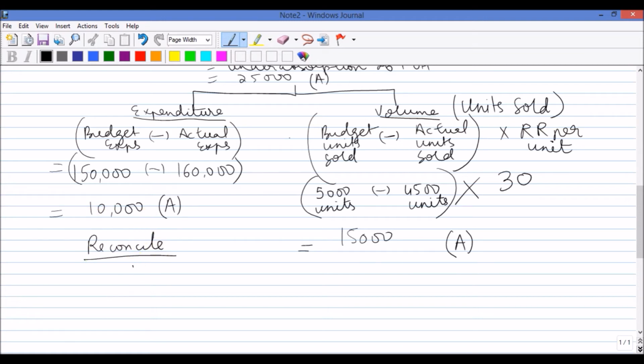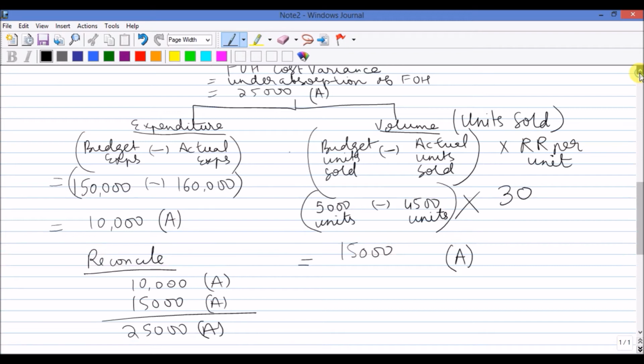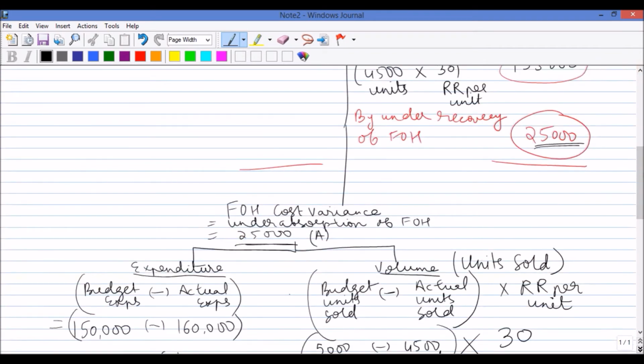Now we are going to reconcile it. We have 10,000 adverse. Then we have 15,000 adverse. So in total we have 25,000 adverse. So is it tallying? Yes, 25,000 adverse. Yes, it is tallying.